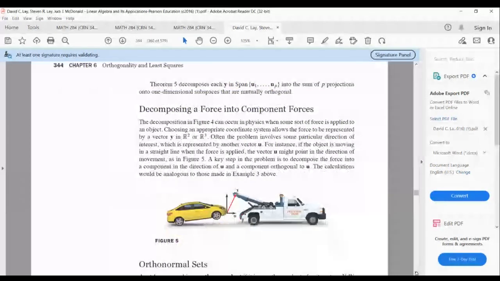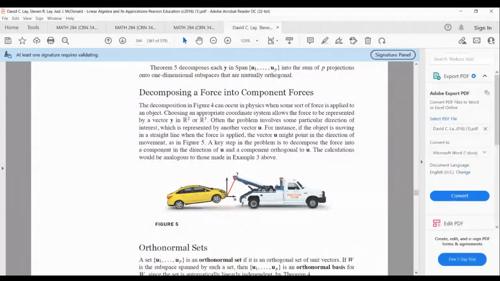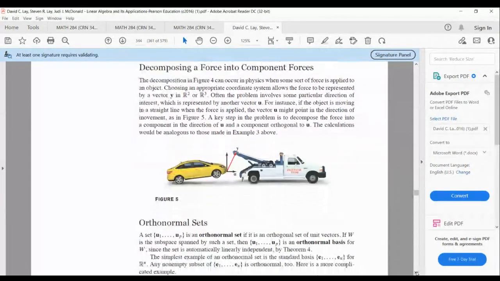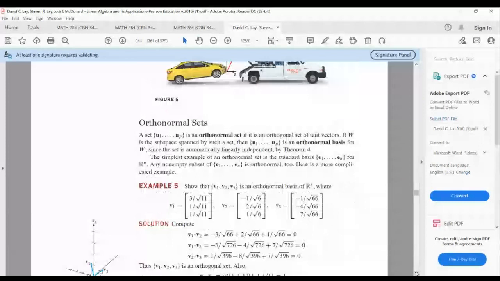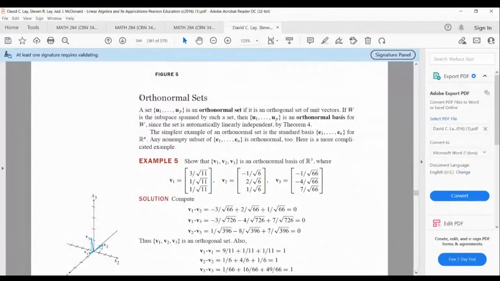Let me just do one more thing with you here. I want to get a little bit further through this section. You can decompose a force into component forces. This is what Mikhail experienced in his physics class. Another thing we should mention: we talked about orthogonal sets, but we can also talk about orthonormal sets.